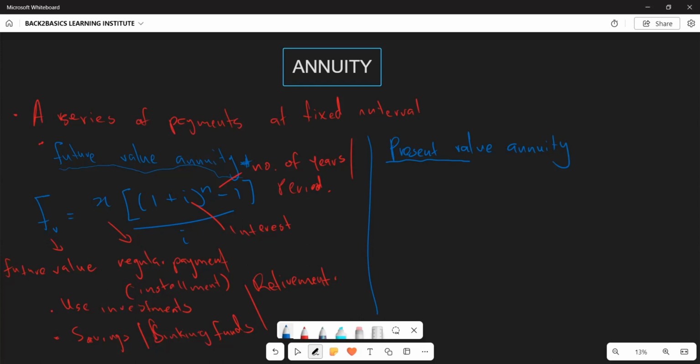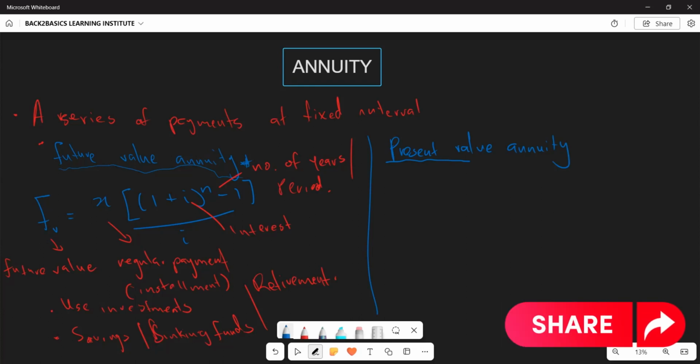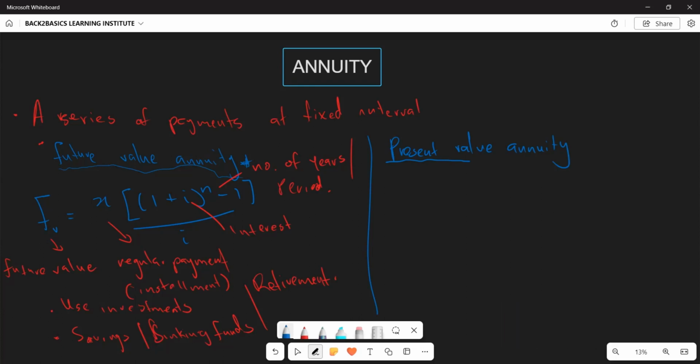And then you're going to make arrangements that you are going to repay this financial institution in terms of monthly installments for a certain period of time, right?